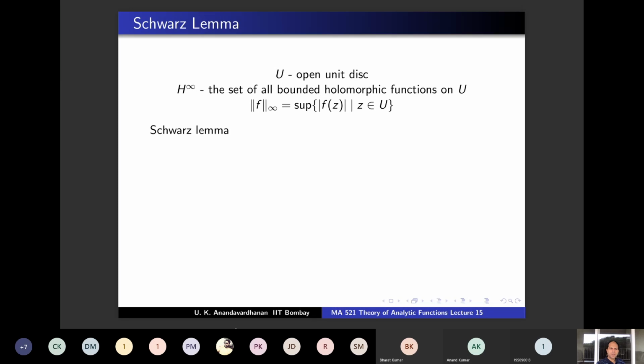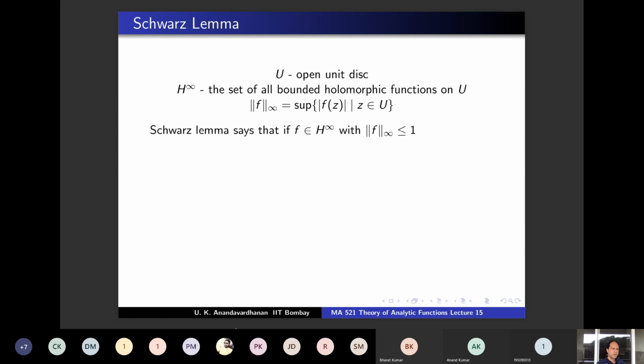Now, what does Schwarz lemma say? It's a very nice statement. It says that if f is a bounded holomorphic function defined on the open unit disk, and assume that this supremum is less than or equal to 1, so mod f(z) is less than or equal to 1 for all z in U. Assume that much. Then you can say something more.